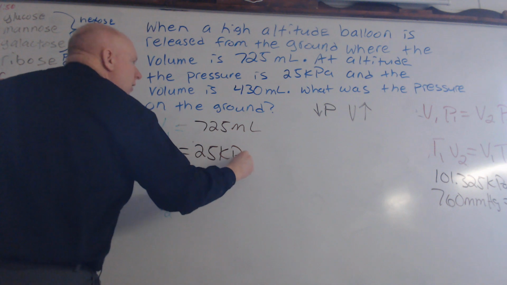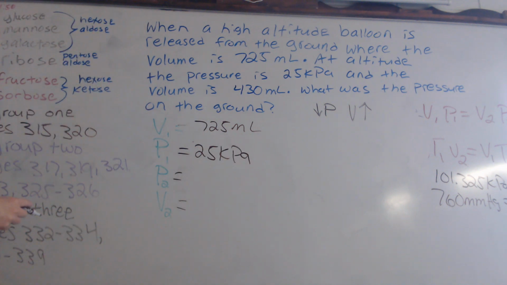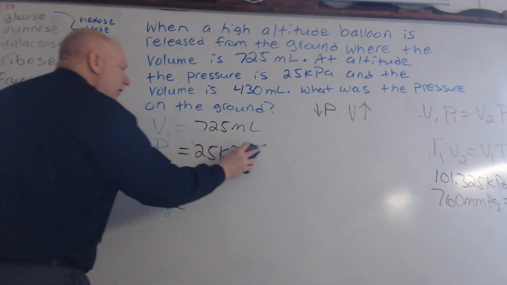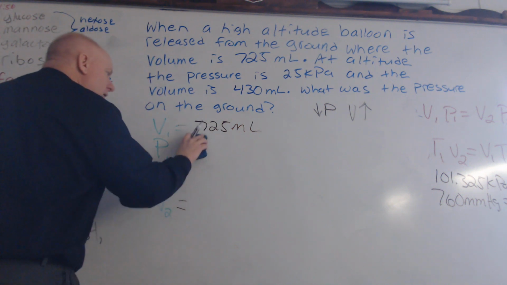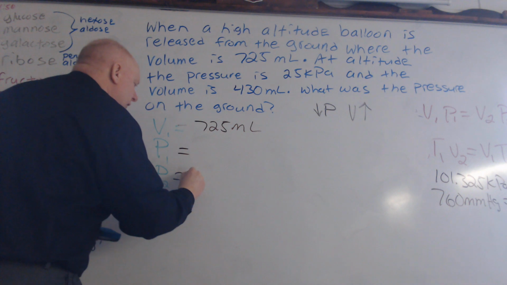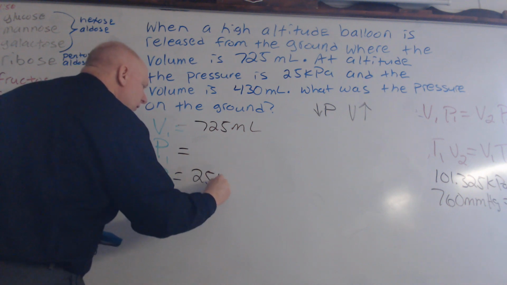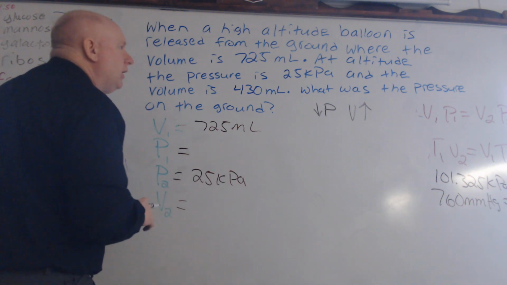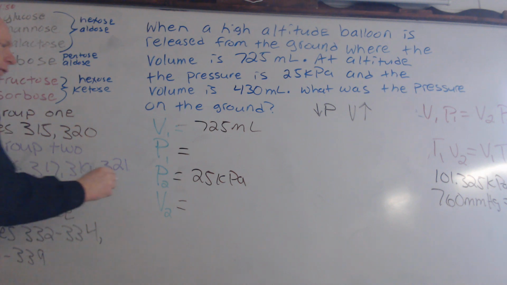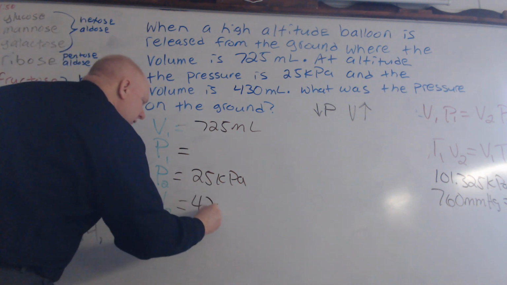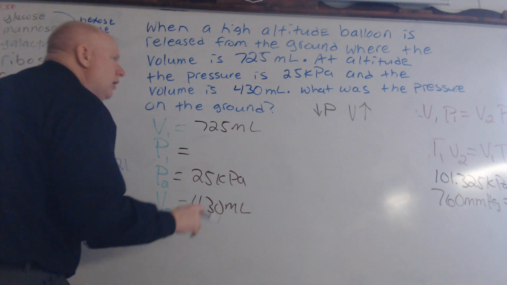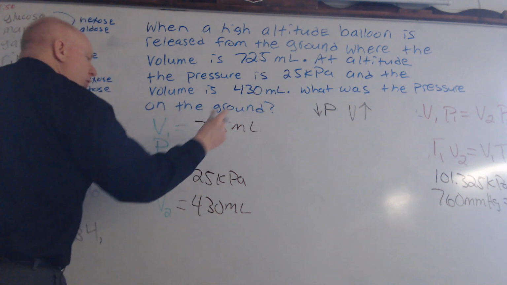Okay? And then, oops, I goofed because it says what was the pressure on the ground. Up at altitude, that's where this number goes. And the volume was 430 milliliters. So then it goes on to say, what was the pressure on the ground?